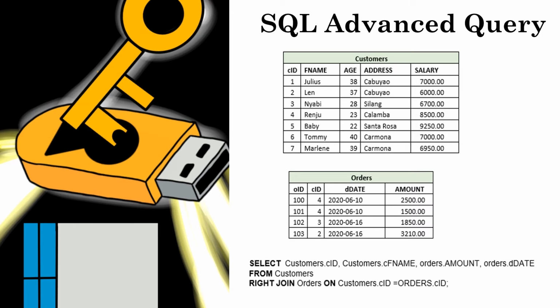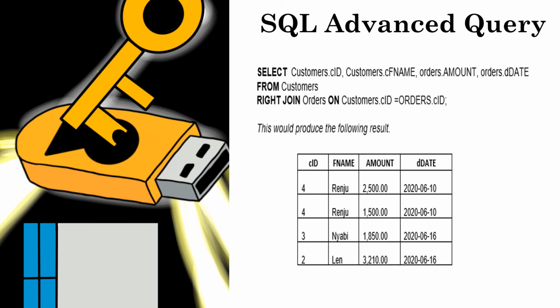Using the two tables of customers and orders, for application we use select customers.CID, customers.FName, orders.amount, orders.date from customers right join orders on customers.CID is equal to orders.CID. This will produce the output as seen on the screen for the right join.